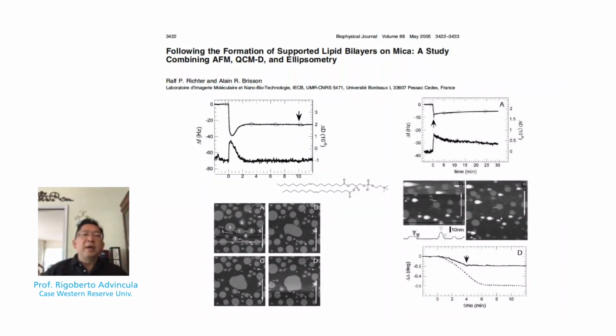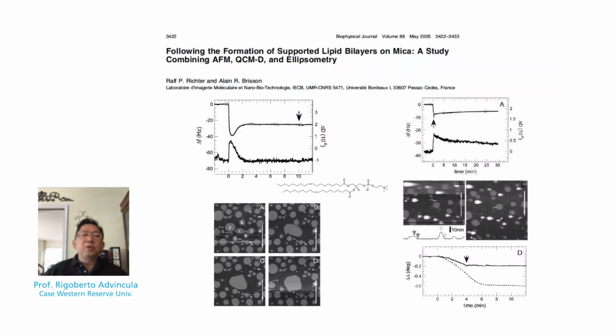The group of Richter actually has many reports where they have introduced the investigation of biomolecules in terms of their adsorption phenomena on surfaces, both by QCMD and AFM.